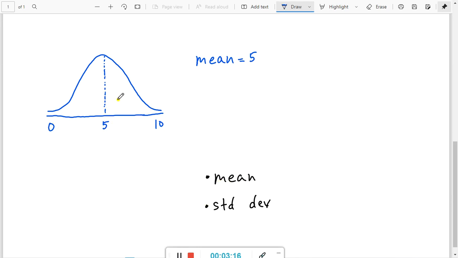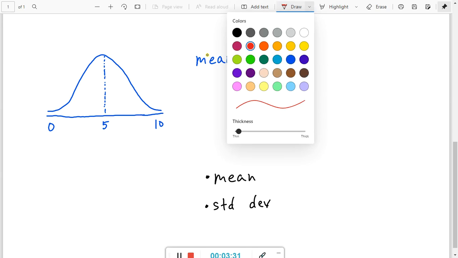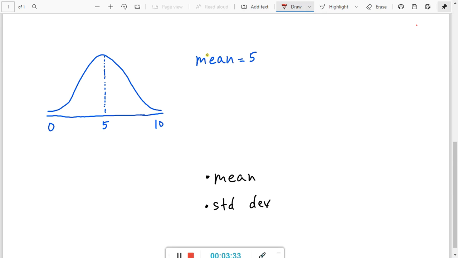Okay, now I'm going to use the same example for multiplication and division. All right, so we have our original curve running from 0 to 10 with a mean of 5. Okay, and now what I'm going to do, I'm going to multiply each point by 10.